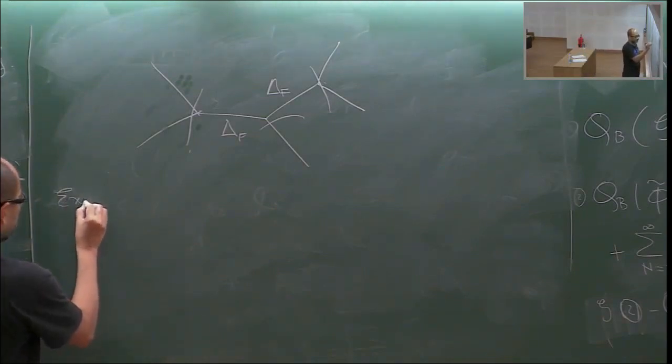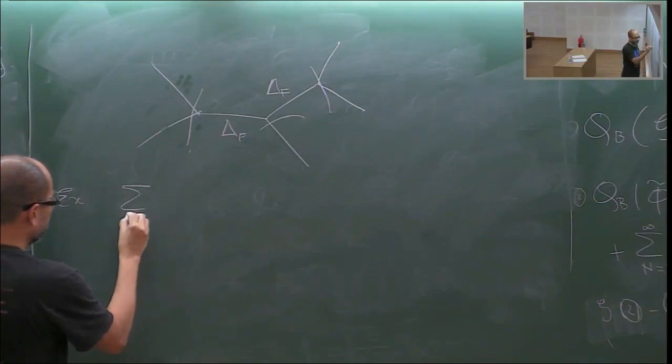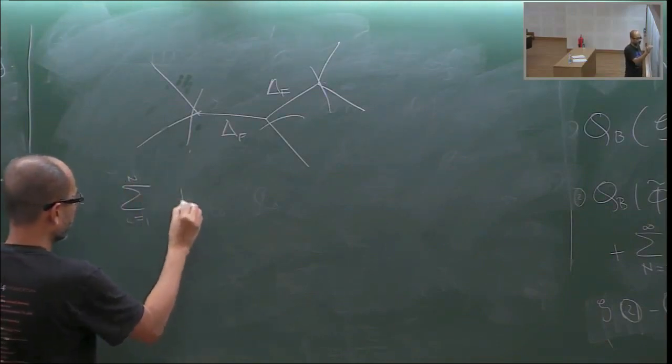So final exercise is to show that this identity is true.